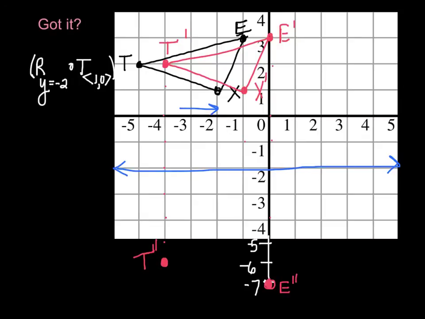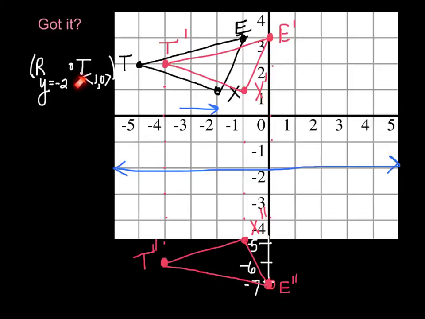And X is 1, 2, 3, so 1, 2, 3. So T double prime would be at the ordered pair negative 4, negative 6. E double prime would be at 0, negative 7. And X double prime would be at negative 1, negative 5. And we did that correctly.